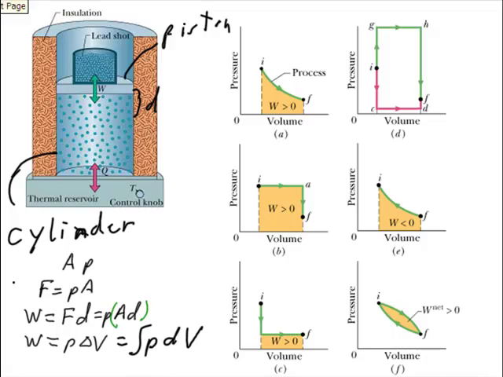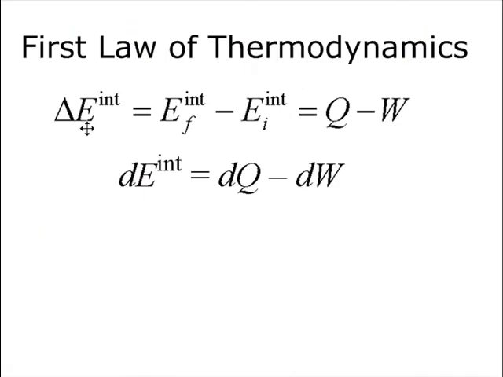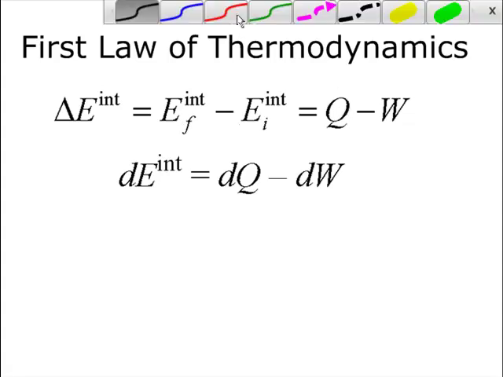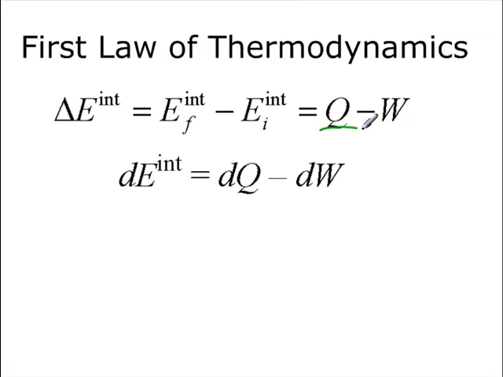And that combination is delta E, the final internal energy minus the initial internal energy, equal to heat minus work. The heat minus the work, where heat is positive when it's added to the system, and work is positive when it is done by the system, meaning it's giving energy out to the outside. This is not dependent on the path at all.